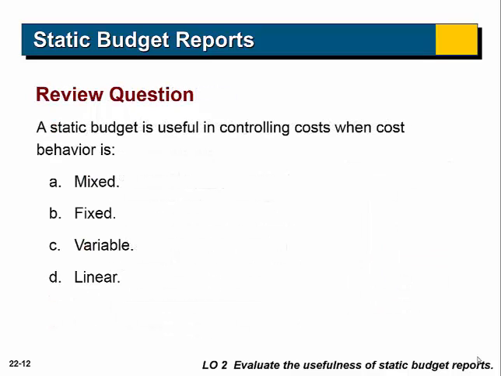So a static budget is useful in controlling costs whenever our cost behavior is fixed, because we wouldn't expect there to be much of a difference. But whenever we've got cost that is variable or mixed, we're going to have some issues. So that is where we're going to bring in this idea of flexing our budgets.